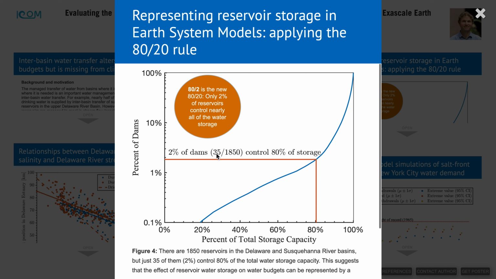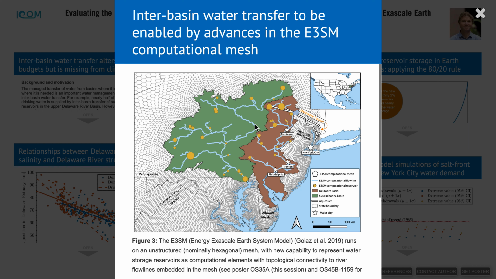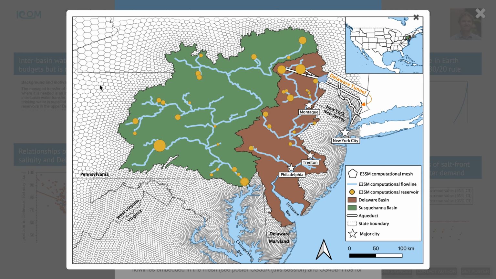So we selected these 35 reservoirs and added them into the E3SM computational mesh as elements that are linked to the computational river flow lines. And that will enable us to include the storage and release of water from reservoirs in the E3SM Mozart water management model and the transfer of water across basin boundaries to, in this case, New York City.